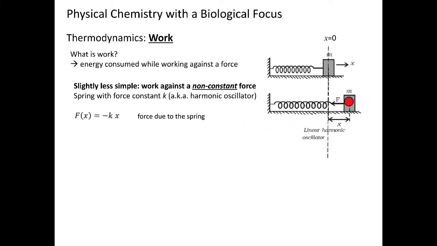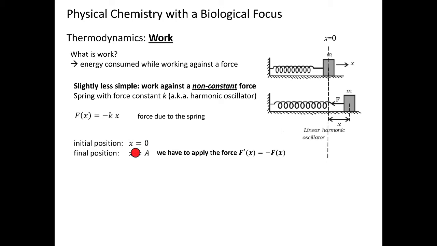The force that is exerted on that particle if we pull it away from the minimum, or if we push it further close to that wall here, that force can be expressed as minus k times x. This is Hooke's law. This is the force exerted by the spring. K is a so-called force constant of that spring.